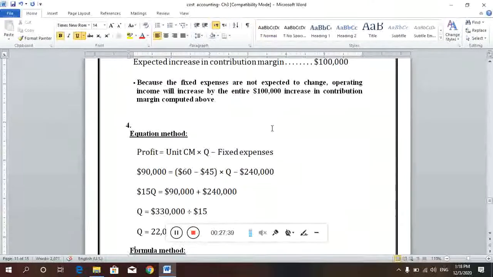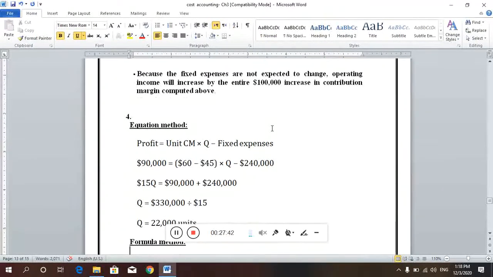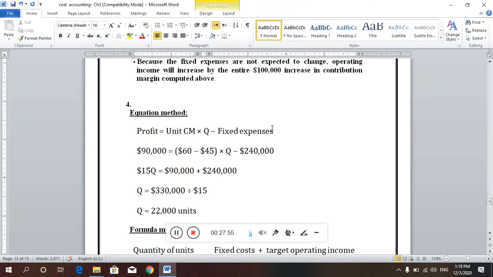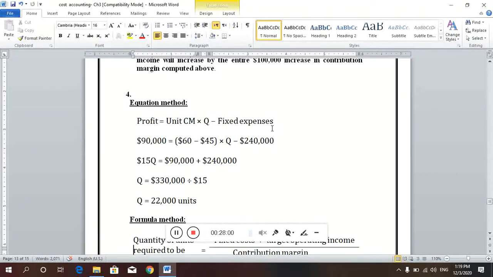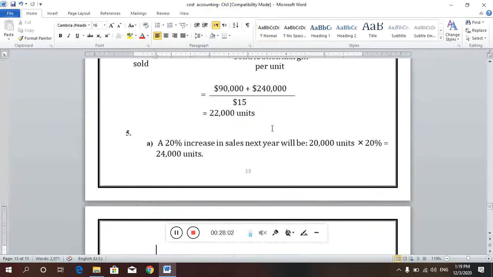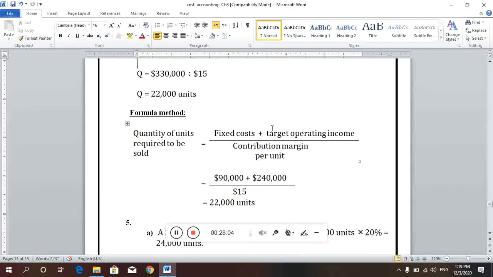So in number 4, using the equation method, the target operating income equals contribution margin per unit multiplied by Q minus fixed expenses. After solving the equation, Q will equal 22,000 units. If we use the formula method, the quantity of units required to be sold equals fixed costs plus target operating income divided by contribution margin per unit.